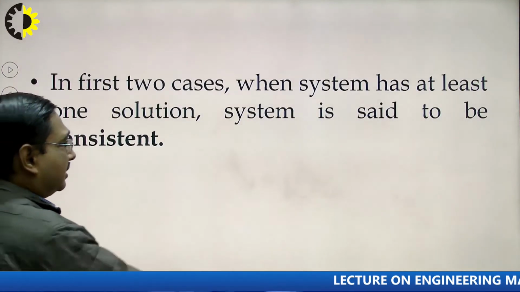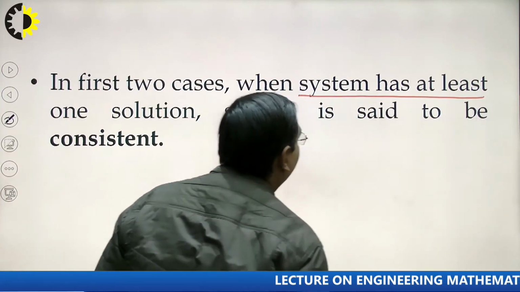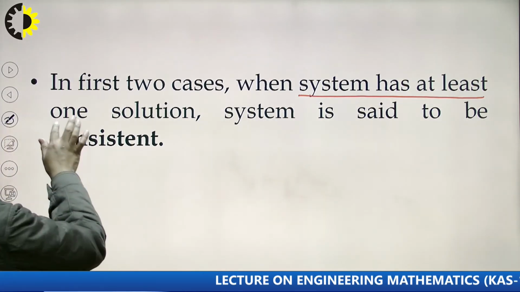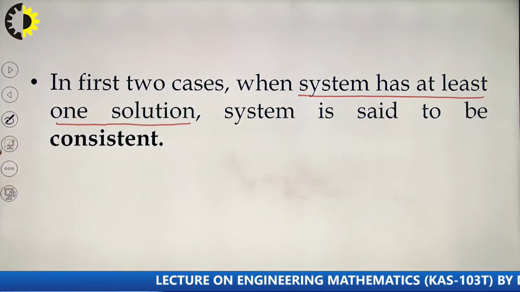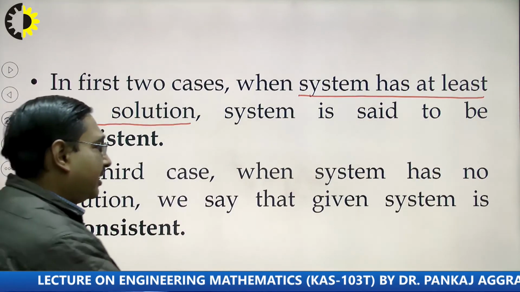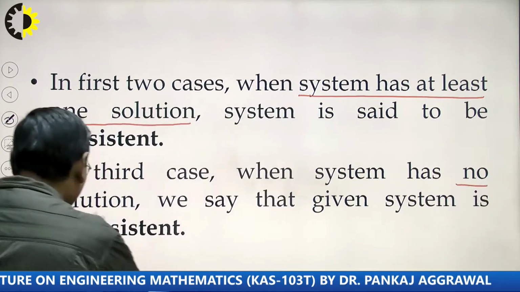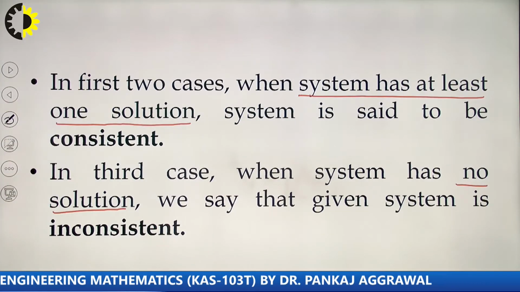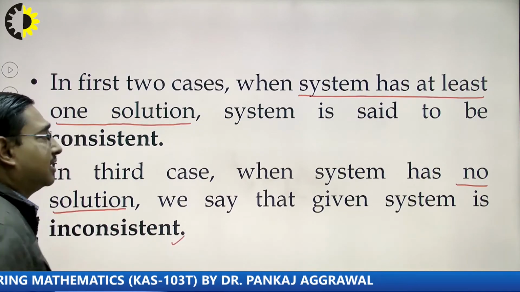The first two cases, when the system has at least one solution, the system is said to be consistent. And in the third case, when the system has no solution, we say that the given system is inconsistent.